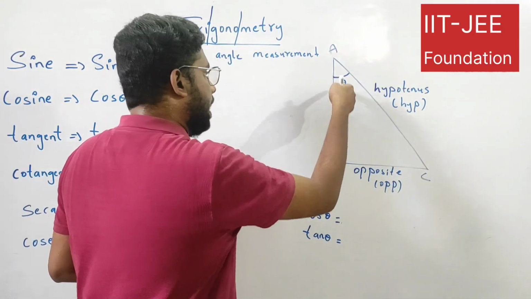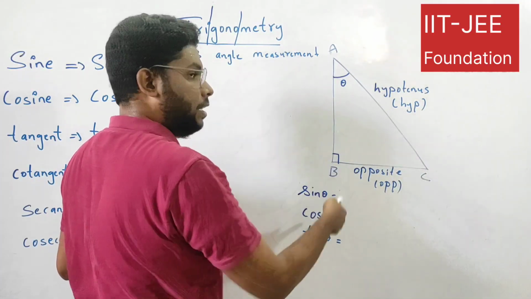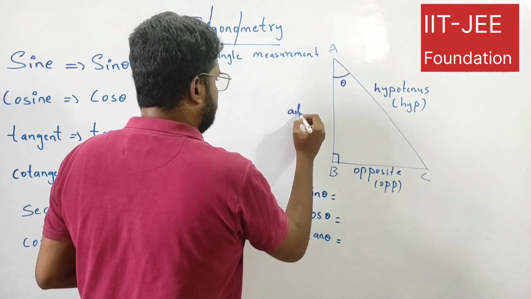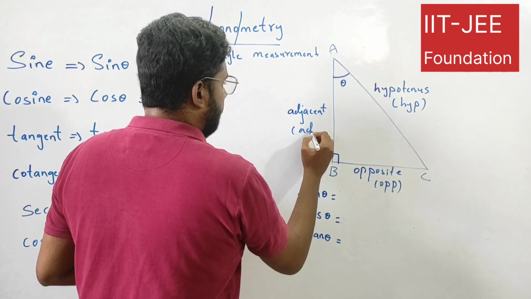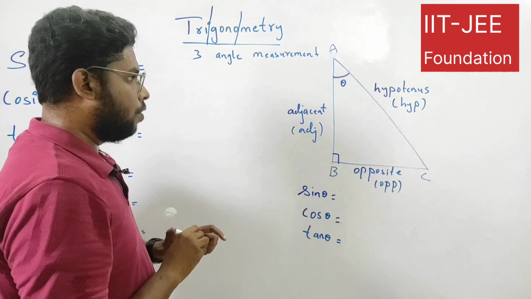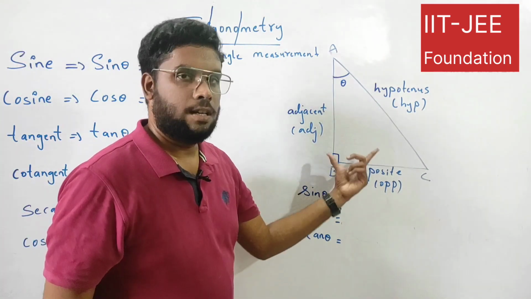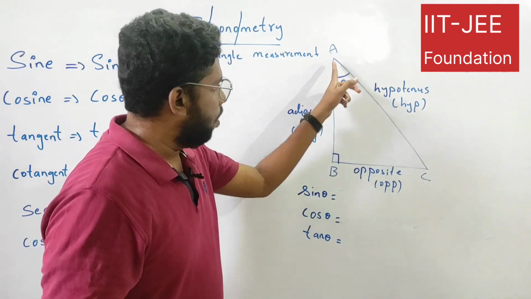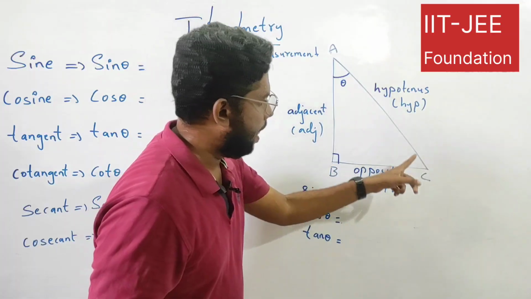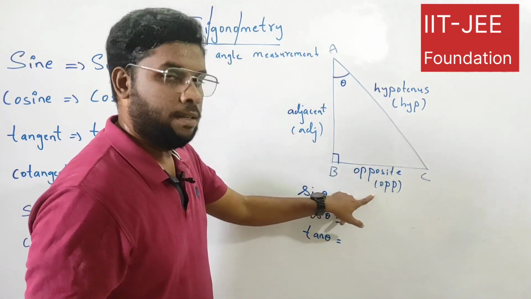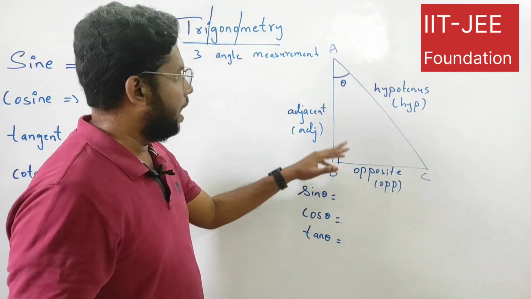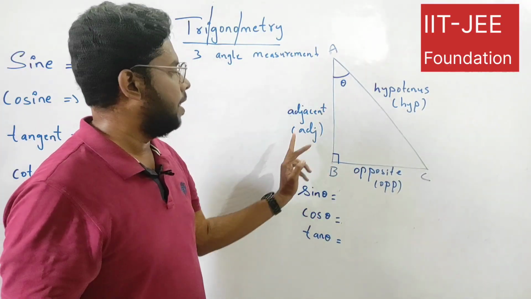Now the side which is adjacent to it is called the adjacent side, we will write as ADJ. So now we must be familiar with these 3 terminologies. Always the slant line is considered to be the hypotenuse, the side opposite to the angle is called the opposite side, and the side adjacent to it is called the adjacent side.